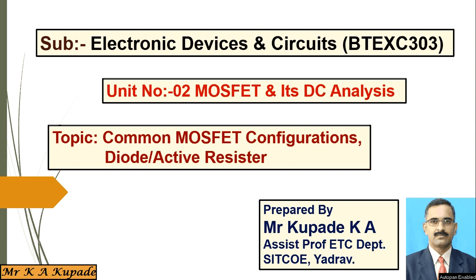That is nothing but the MOSFET working in the switched on condition, and due to that you get the output voltage. It happens due to the positive voltage applied to the gate terminal.